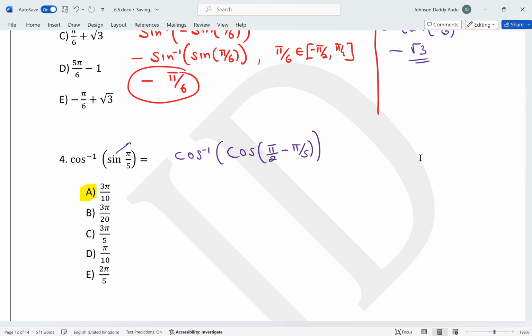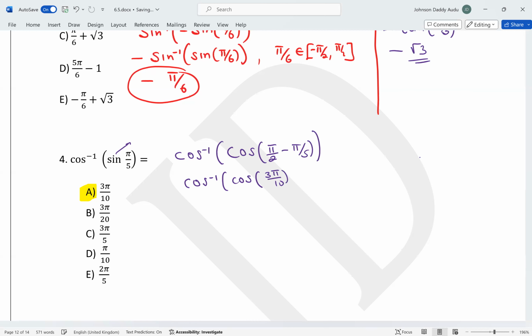So now this will be cosine inverse of cosine. Now, pi over 2 minus pi over 5 is just going to be 3 pi over 10.